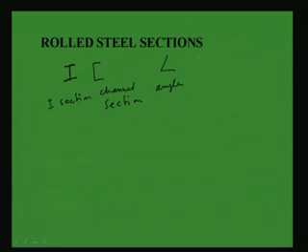I will come to the details. This is called the T section, and then maybe a circular round steel bar or a rectangular steel plate, which we also use. So, this is solid. First let us discuss the I sections.